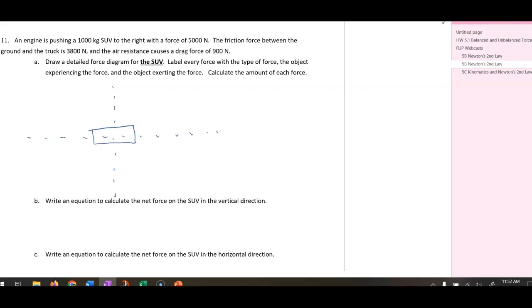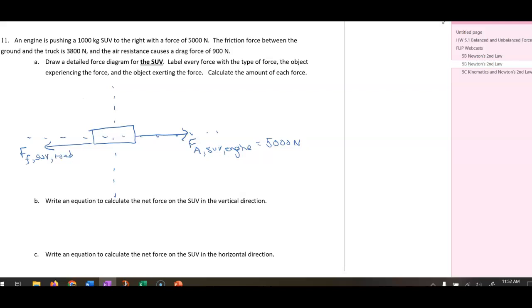Okay, so the engine is pushing it to the right. So this, we can call it an applied force on the SUV by the engine. And they're giving us the amount of that. It's 5,000 newtons. There's a friction force that opposes the motion. That's acting on the SUV, and it's by the road.